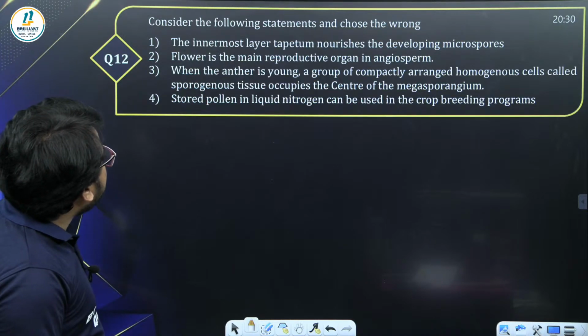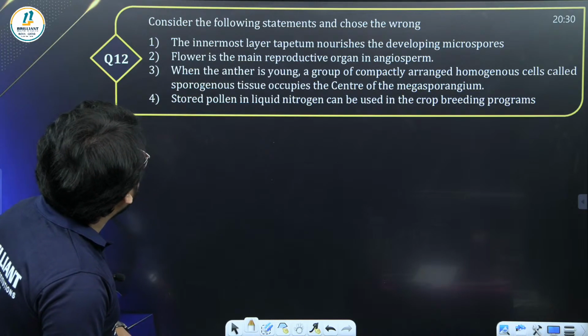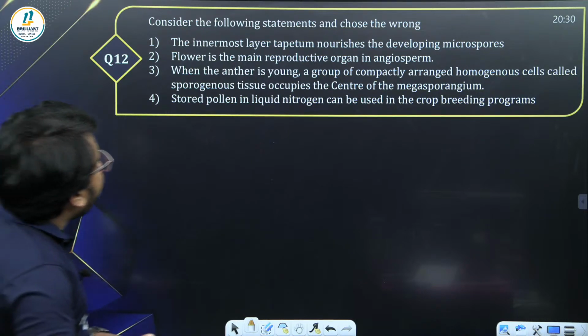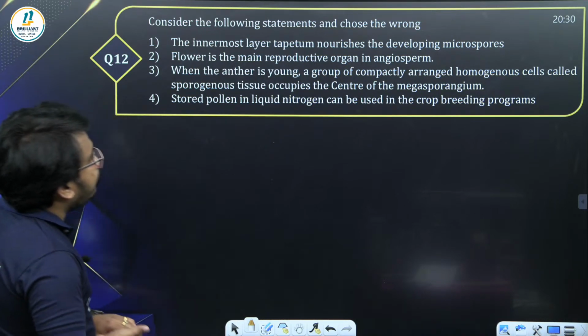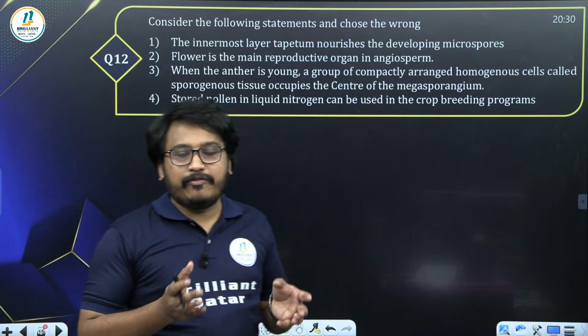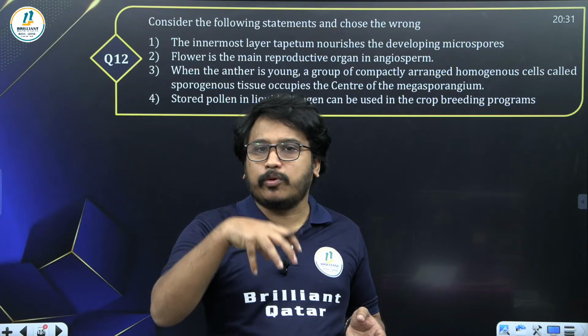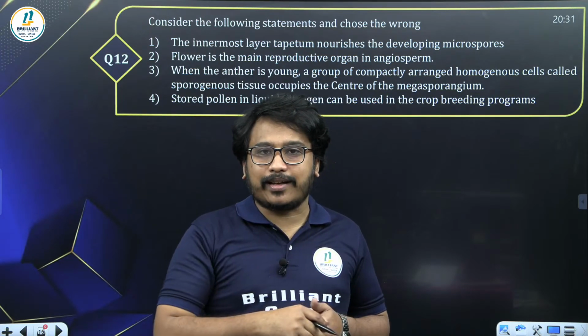Then next one, consider the following statements and choose the wrong one. Innermost layer, tapetum, nourishes the developing microspore. That is the main function of tapetum. Epidermis and endothelium are for protection. From middle layers, nutrients are absorbed by tapetum and they secrete them into the sporogenous sac or the pollen sac. So the main function of tapetum is nourishment.